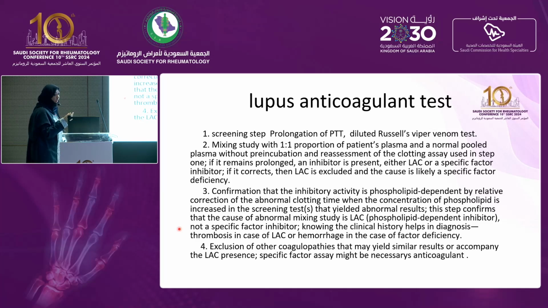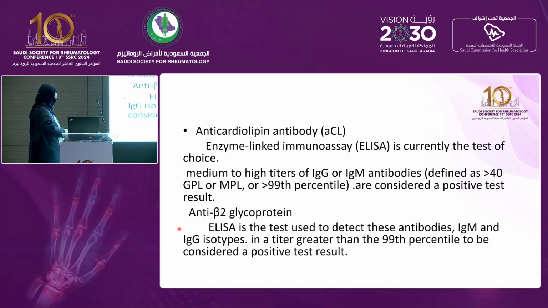If it is not corrected, most probably there is an antibody. To confirm that, you will add more serum sample, to overcome the amount of the antibodies present. So the test can be done in this way, and of course you have to exclude other causes of thrombotic events.